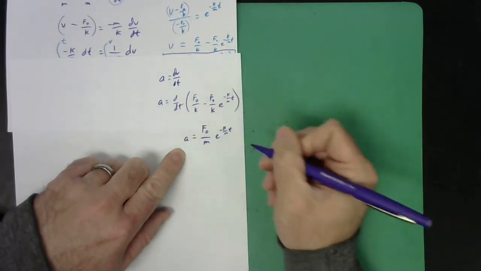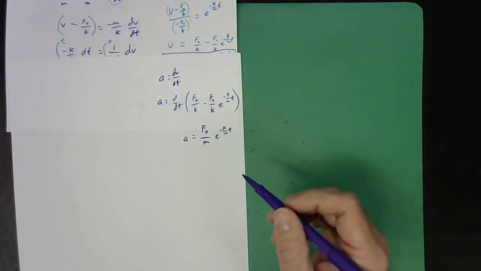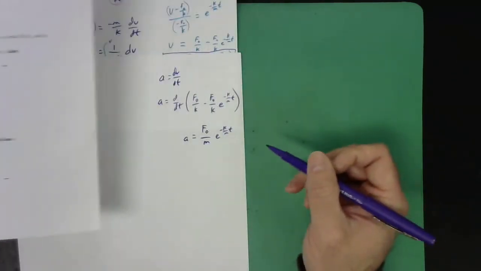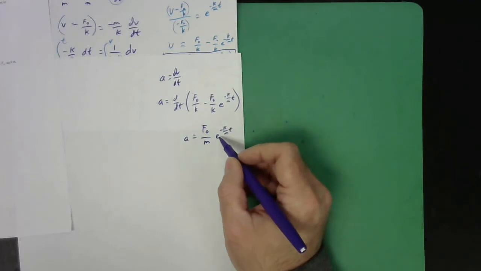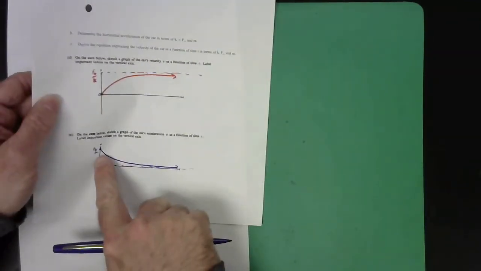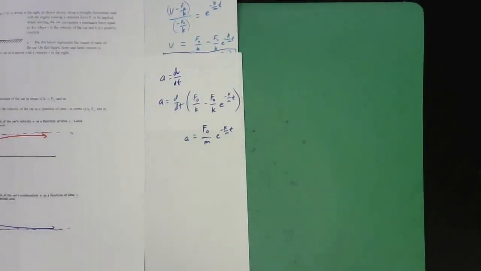So that's my acceleration, F naught over m e to the minus K over m t. You know what we said the starting acceleration should be? That would be the acceleration when I put a 0 in for t. e to the 0 is 1. Look, F naught over m. F naught over m, that's what we got. So it matches. And this is again an exponential decay.